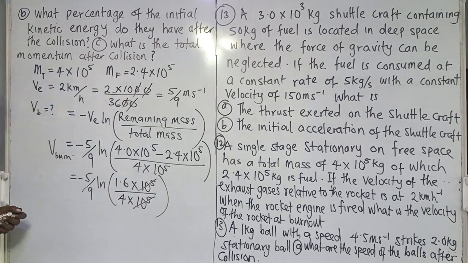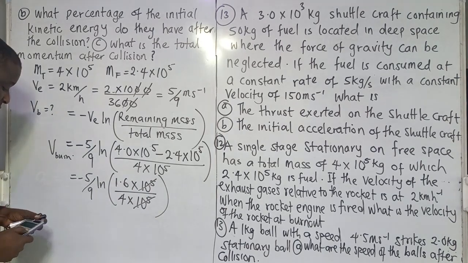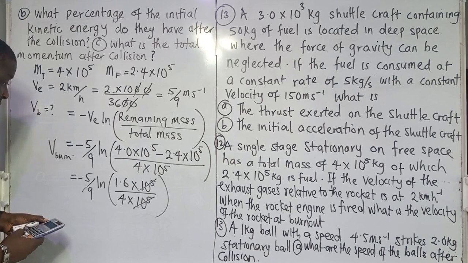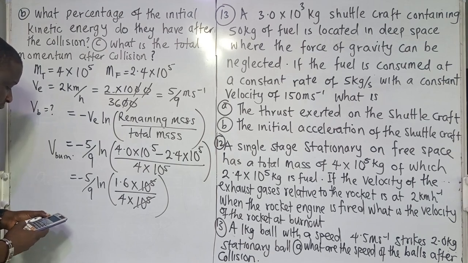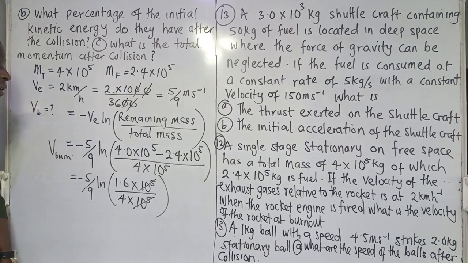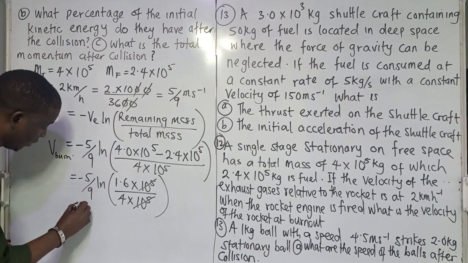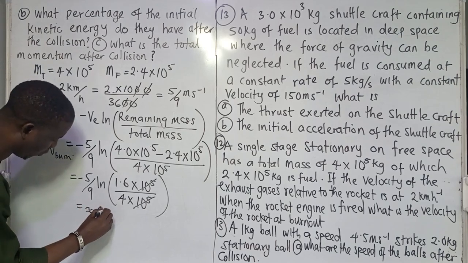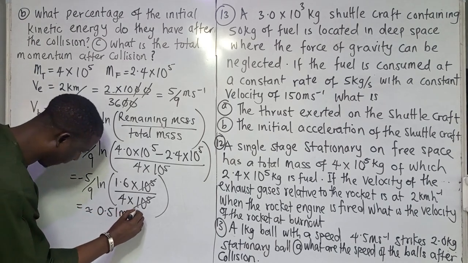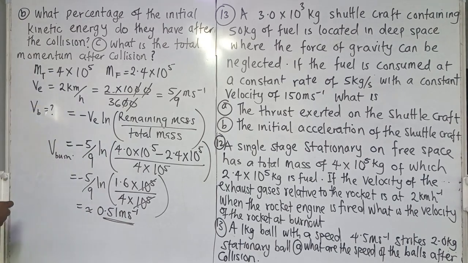So 1.6 divided by 4, close the bracket, then multiply by 5 divided by 9. The minus sign will cancel out with the minus. So approximately that will give us 0.51 meter per second.